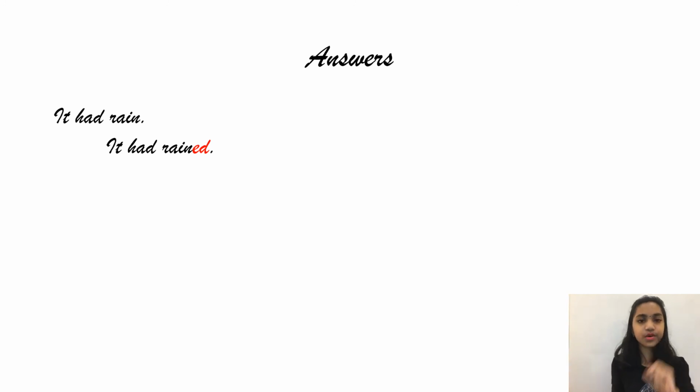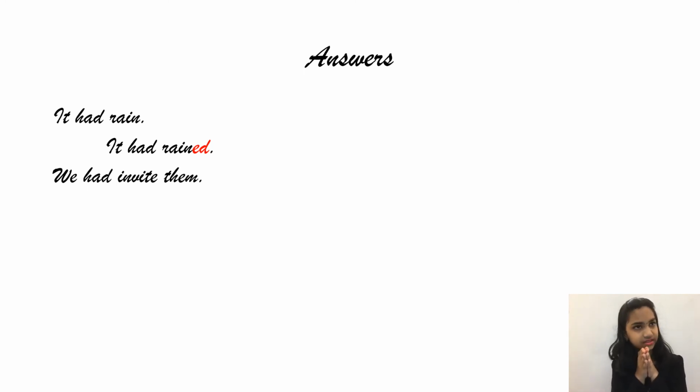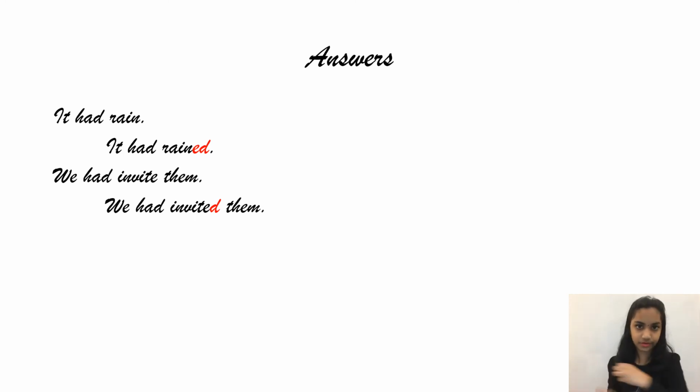Okay, let's move on with the second question. We had invite them. There is a mistake in there, right? It doesn't even make sense. What is it? Yes, it is: we had invited them. Okay. Now, what is the mistake? It's the same mistake.